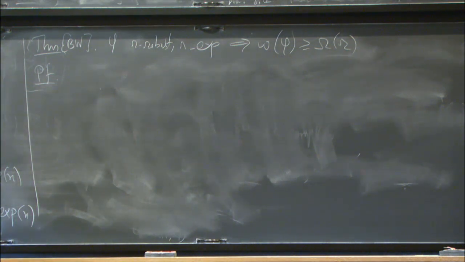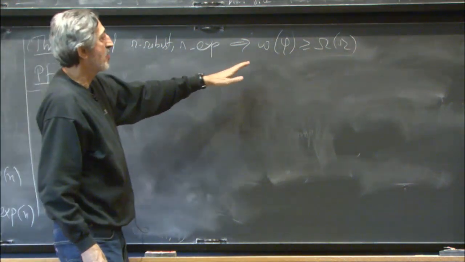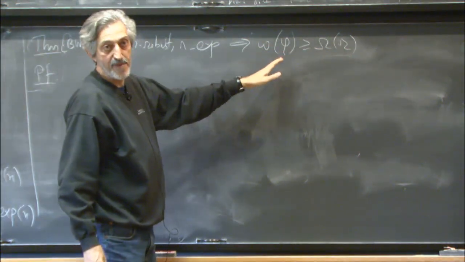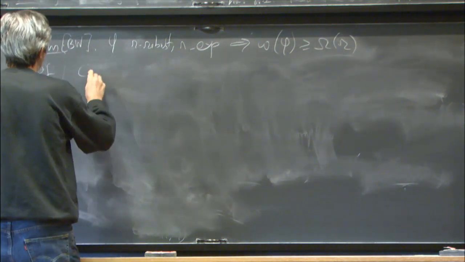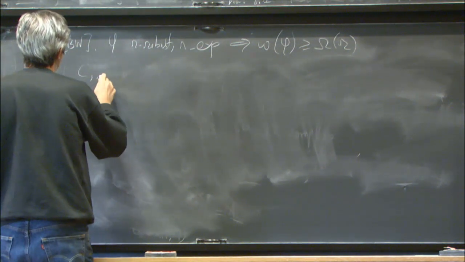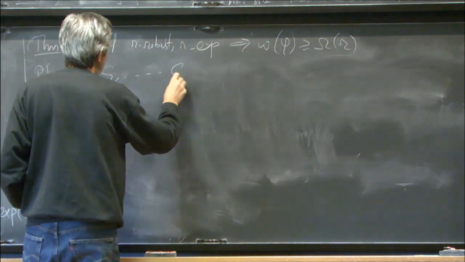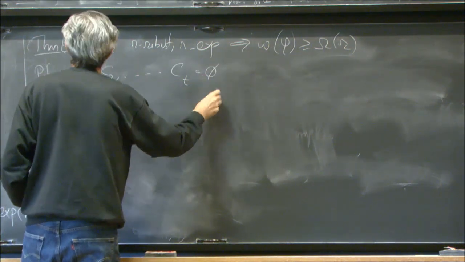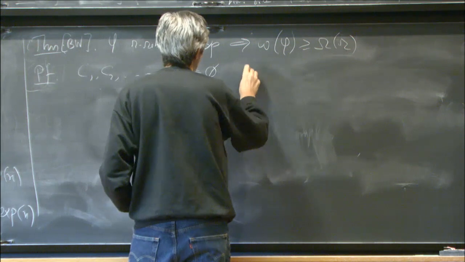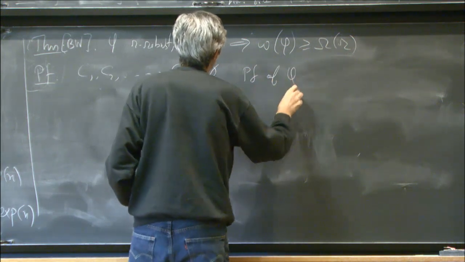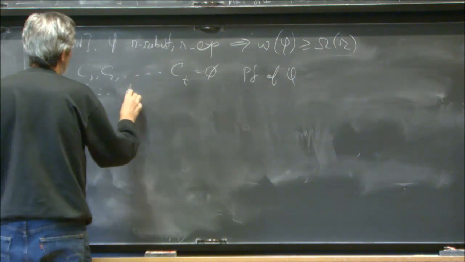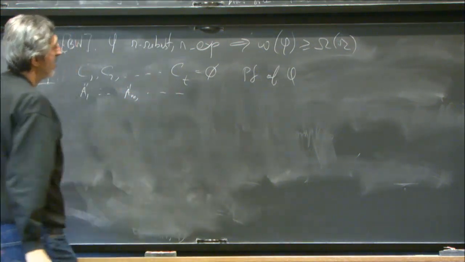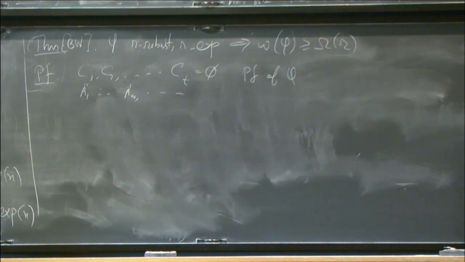And what do we want to prove? We want to prove that there is a large clause in every proof of phi. So we'll assume that we have some proof, C1, C2, up to CT, which is the contradiction, a proof of phi. So this is A1 through AM, and the rest are derived according to a sound rule, as long as they are clauses.